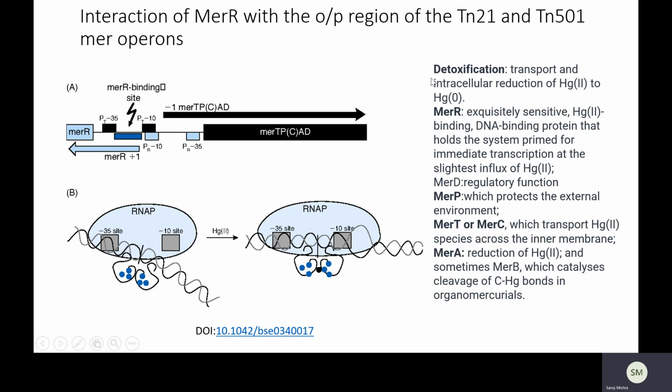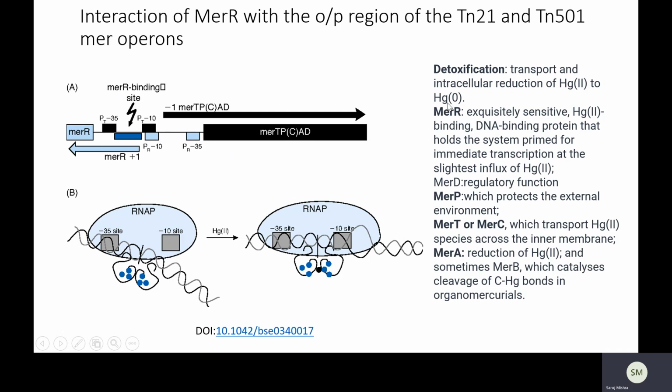In the case of mercury resistance, detoxification means that the biological cells, or any microorganism which you call mercury resistant, are able to transport the mercuric ions and intracellularly reduce the mercuric to mercury, which is like the vapor form of mercury, and that is how detoxification occurs.